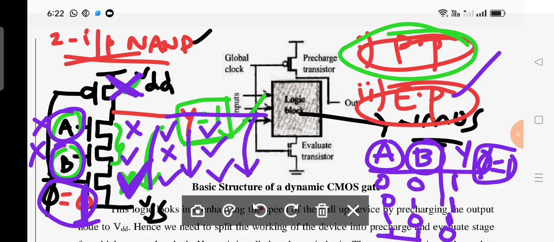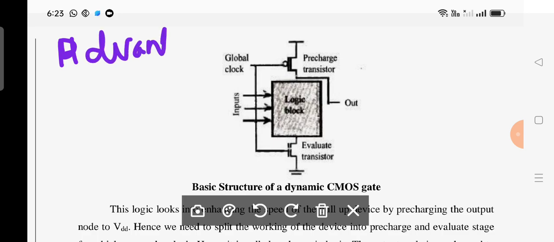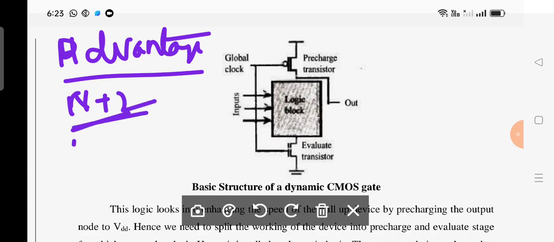Is it clear? Now you can observe what is the advantage present in the dynamic CMOS, what is the drawback present in the dynamic CMOS. That is a crucial point you have to talk about here. First of all, I will talk about the advantage. Since n plus 2 number of transistors are used, therefore less number of transistors.